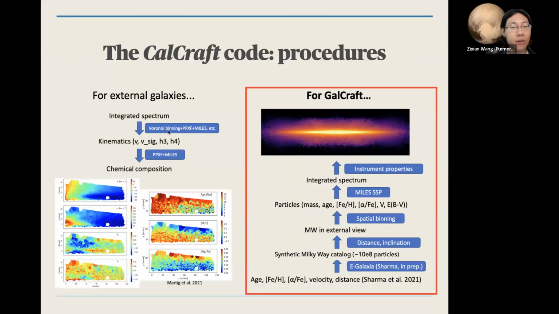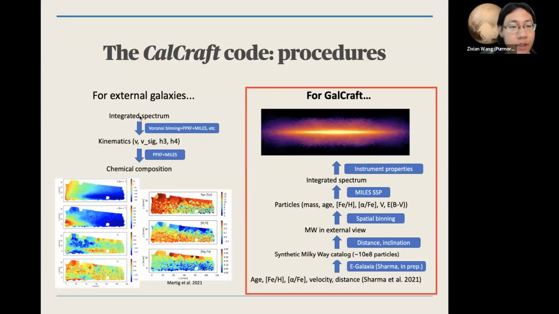That means you combine several pixels together to improve the spectrum signal to noise. And then you apply pPXF, which is the full spectrum fitting technique to measure all the kinematics and chemical composition parameters. During the fitting process, pPXF will use some simple stellar population models like MILES as a spectral template to fit.